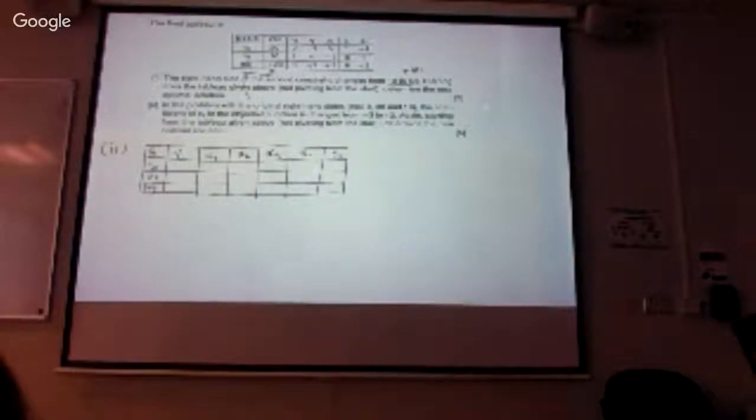Yeah, so there is a distinction between when you're changing a basic variable and one that is not in the basis.